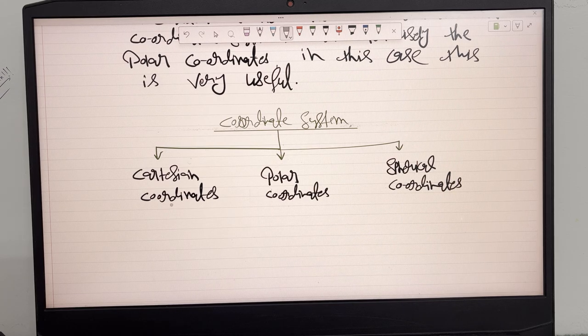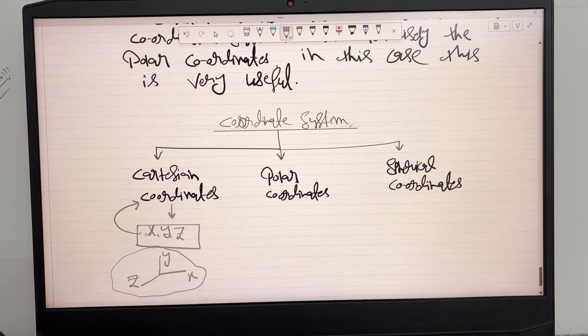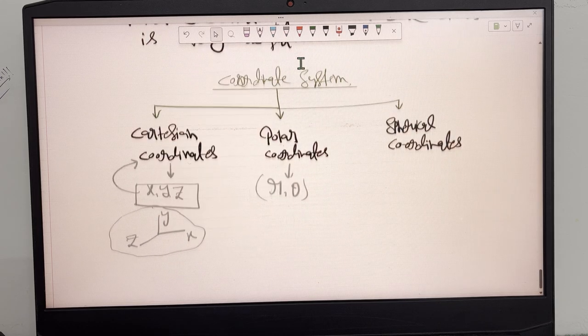In our childhood, you used to study the x, y, or z axis like this, right? So everything comes in Cartesian coordinates, like your x, y, and z. But in polar coordinates, there's something called r and theta. What are these r and theta?